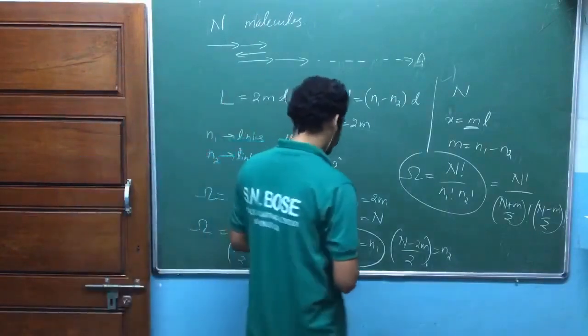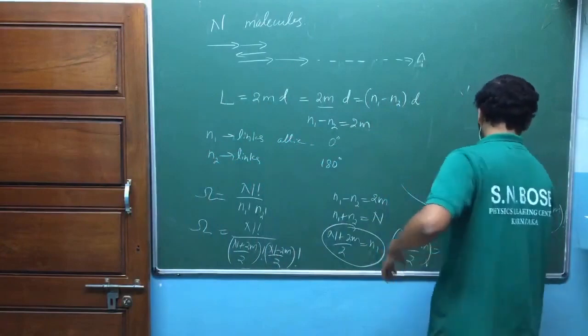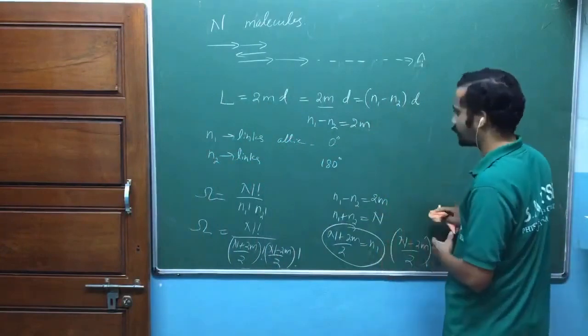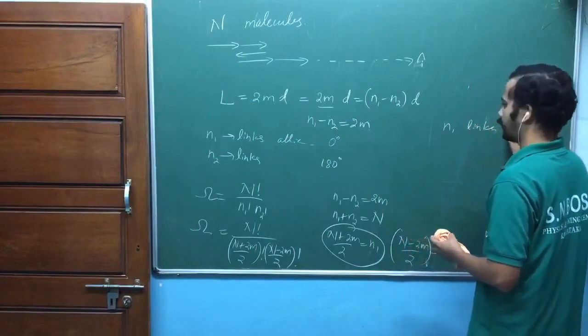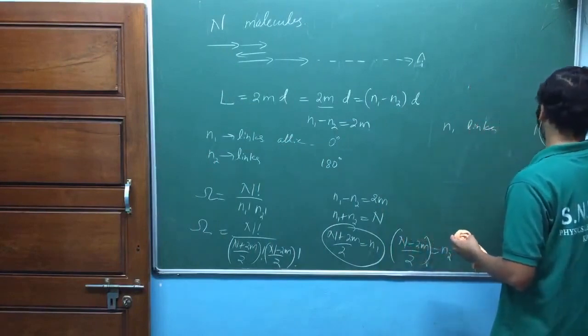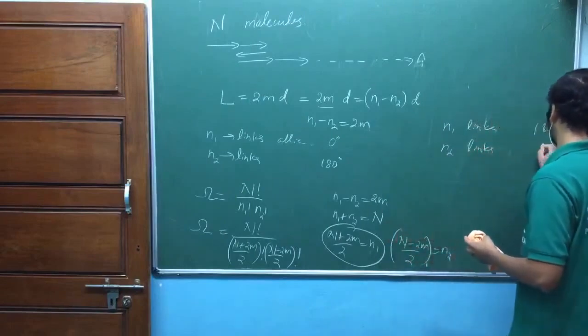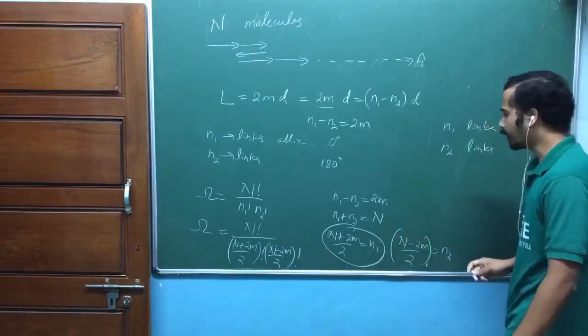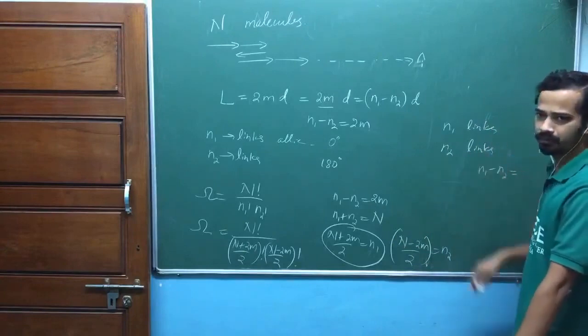So the one possible way is this one, am I right? Another possible way is, look at here, the same n1 links aligned with 180 degree, n2 links aligned with 0 degree. Then also n1 minus n2, that may be negative now.